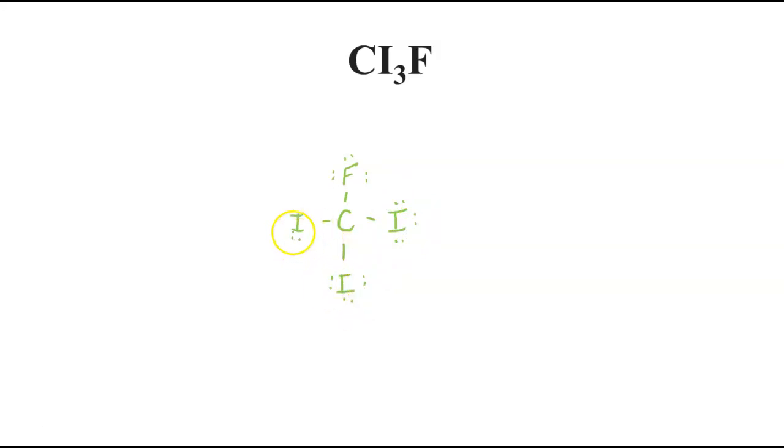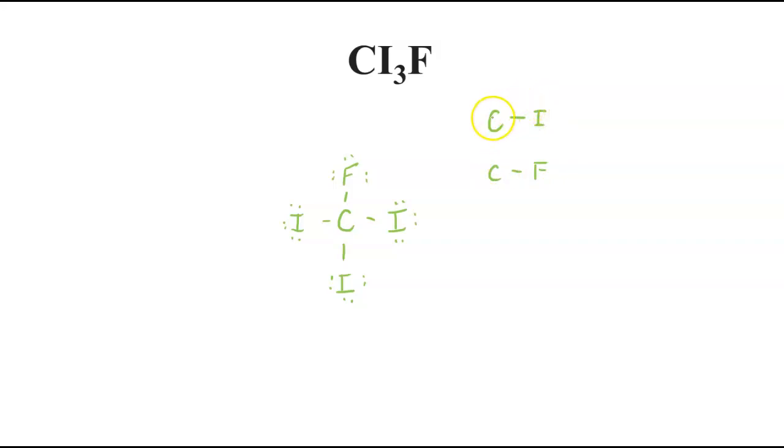So for this one here, I have clearly 2 types of bonds. I have a chlorine and an iodine bond, and I have a chlorine and a fluorine bond. Now when I look at my periodic table, remember the top right-hand corner has the highest electronegativity.